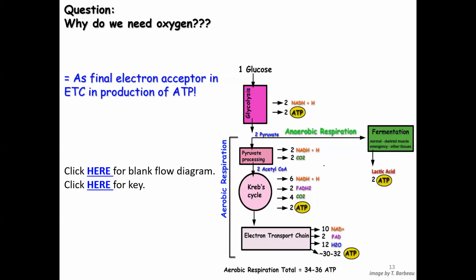So if you click this when you're online, you get to the blank diagram, and if you click here, there'll be a key. It's also just on the syllabus. So if you want to practice this, you already know what I'm going to ask you on an exam. What goes in, what comes out. But I might ask you, in the electron transport chain, the main product is lots of ATP.